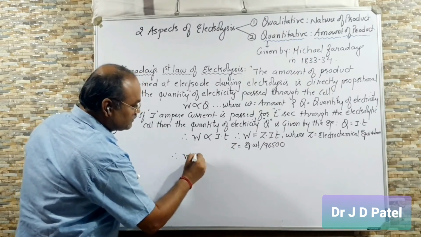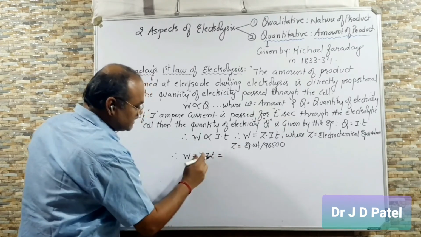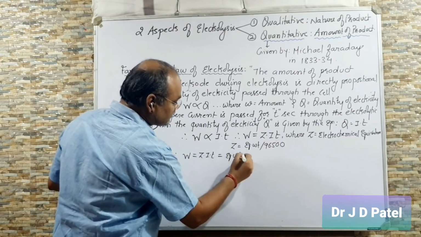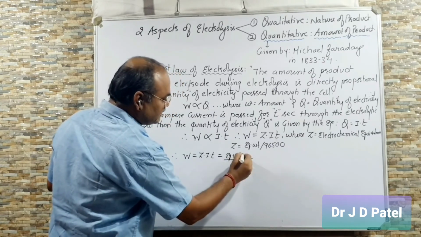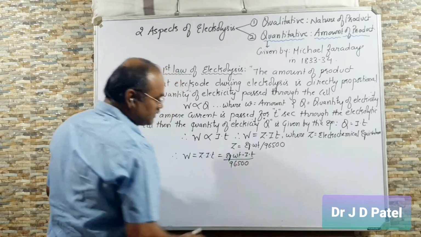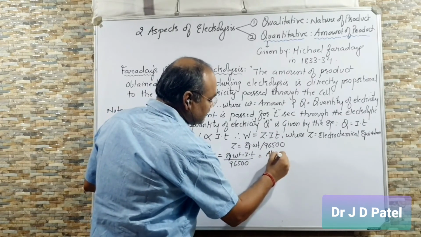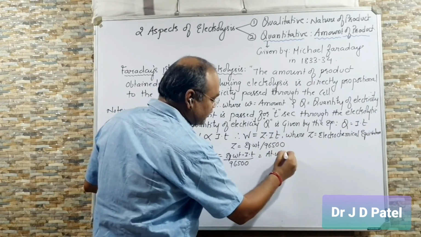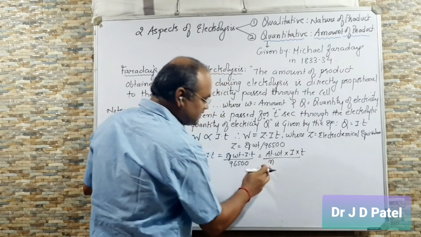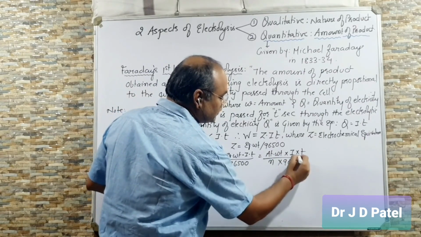So W is equal to, I can write ZIT, that which I have written, but Z is what? Equivalent weight divided by 96500, into I into T. But you know equivalent weight. What is equivalent weight? You have studied in 11. Atomic weight, or molecular weight if you want to find out for the molecule, into I into T divided by N, where N is the N factor, number of electrons transferred, into 96500 coulomb.